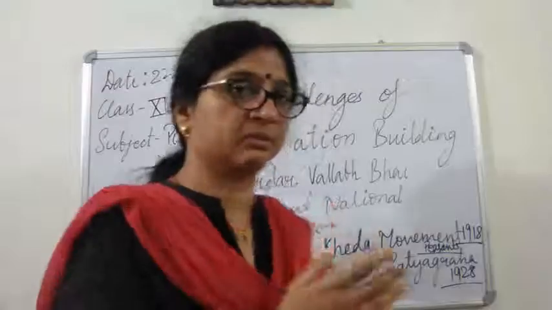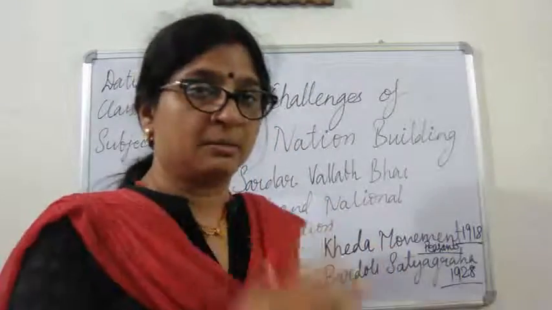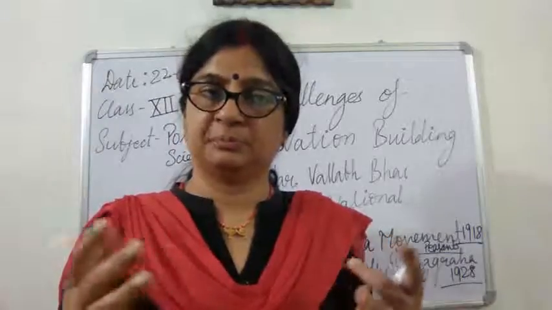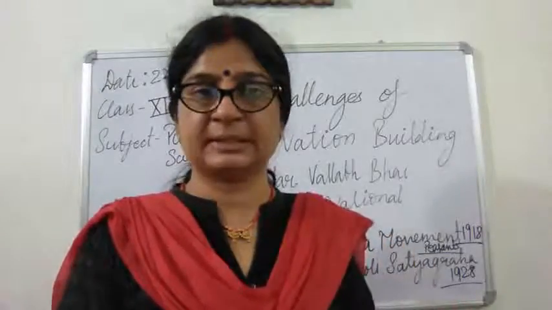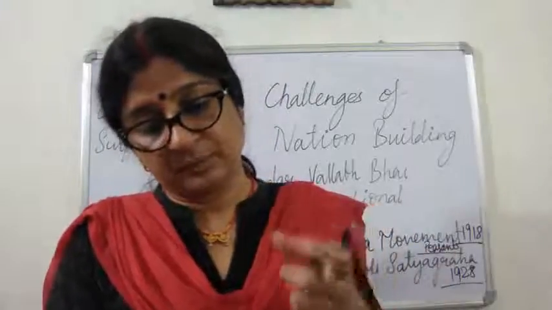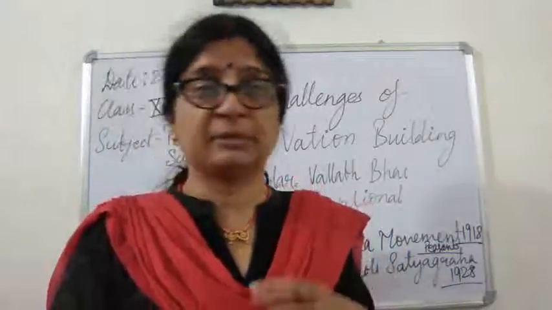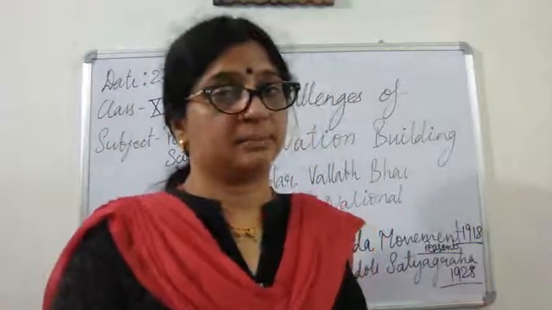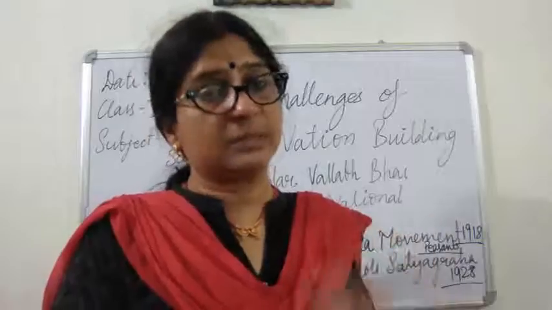We have discussed all these things when we were discussing the challenges of nation building: the total number of princely states was 565, and the responsibility was given to Sardar Vallabhbhai Patel to integrate all these princely states, and he did his work successfully.